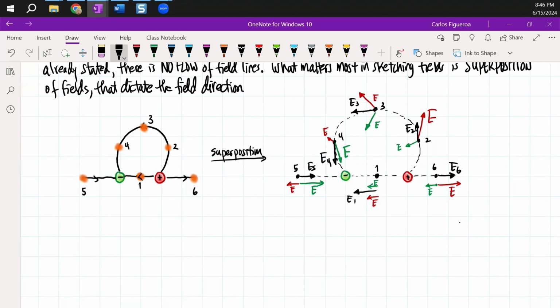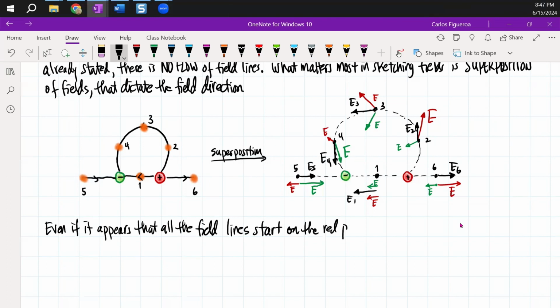It appears that all of the field lines start on the red positive charge and end on the green negative charge. This is not correct.